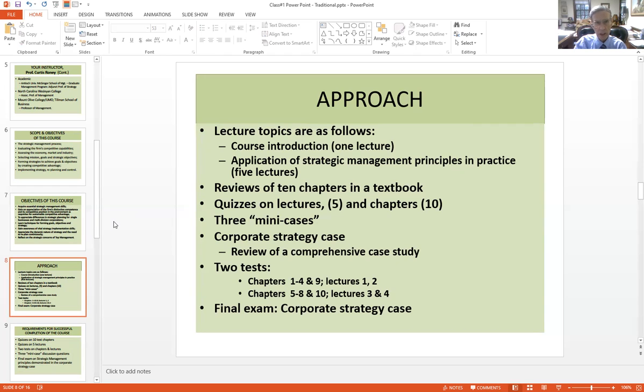As you might imagine, economic conditions, especially having gone through the pandemic as we have, can really impact a firm's strategic problems and opportunities. But in strategic management textbooks, we almost never see any discussion of the relevance of economic conditions to strategic alternatives.